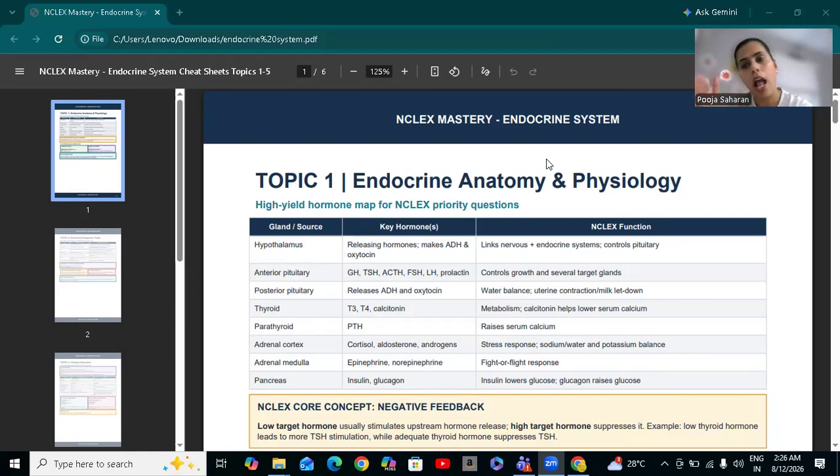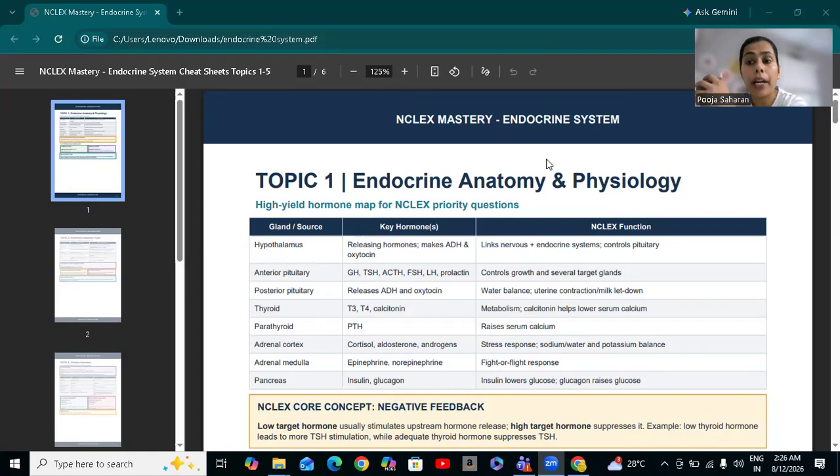How? It is going to retain sodium and water, and it is going to excrete potassium.